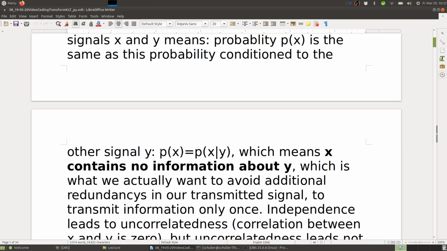So we want the probability depending on x alone to be the same as the probability of x given the knowledge of y. This means x contains no information about y, or vice versa, y contains no information about x. The additional knowledge of y doesn't give us any additional information about what x might be. And this is what we want to have: to avoid additional redundancies in our transmitted signal and transmit information only once.